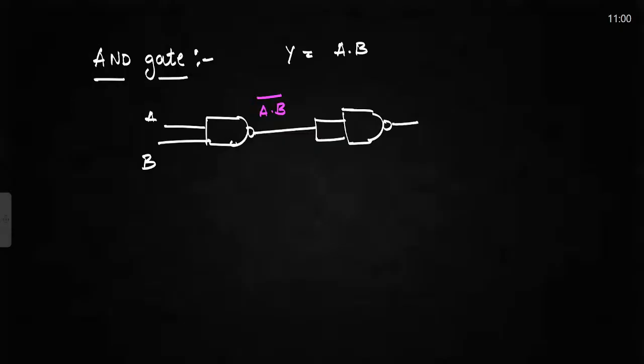Then my output Y will be (A·B) double bar.